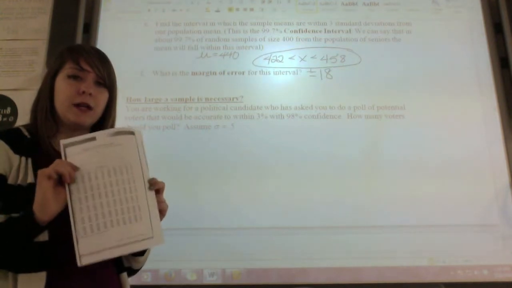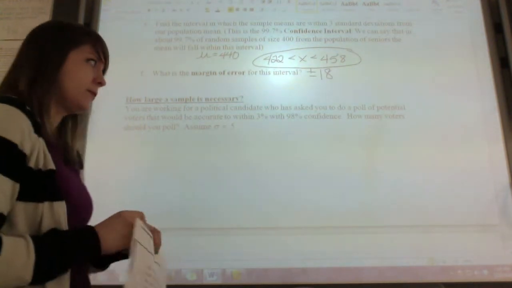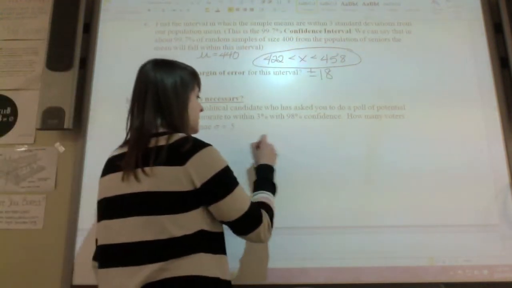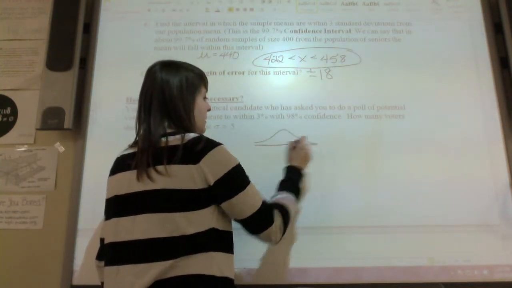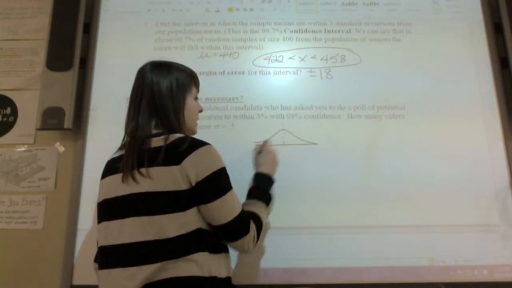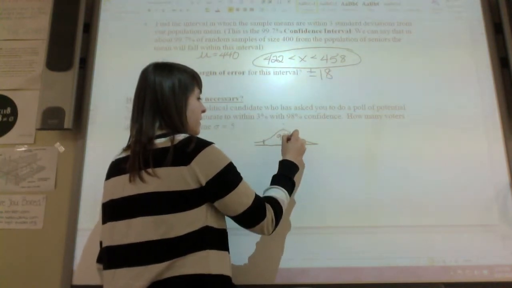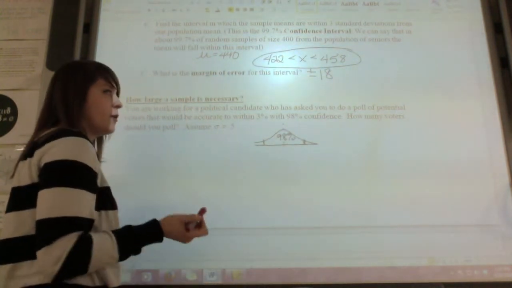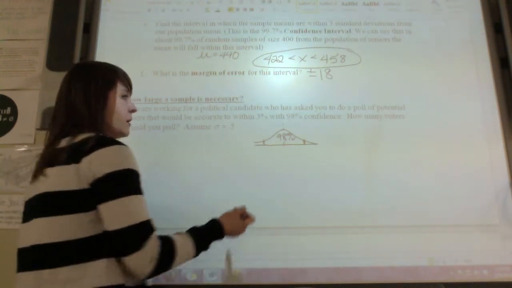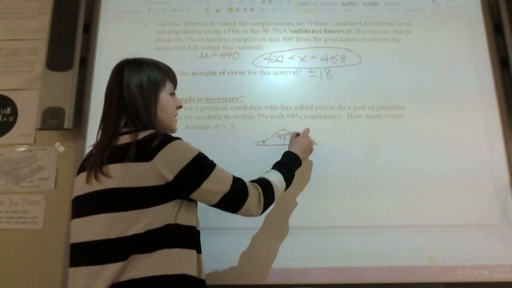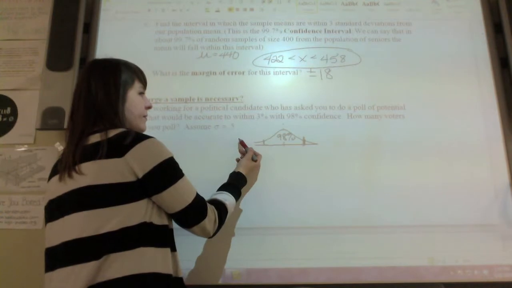Okay, if I know that I need a 98% confidence interval, what that means is that from here to here, I need 98% of my values to fall within that interval. Okay, but remember that the way that my table reads is it does this and everything less.